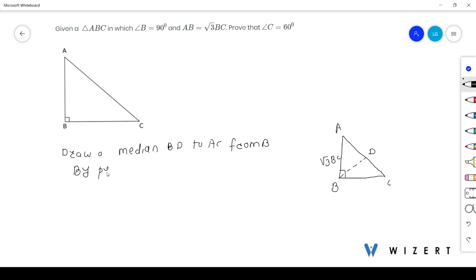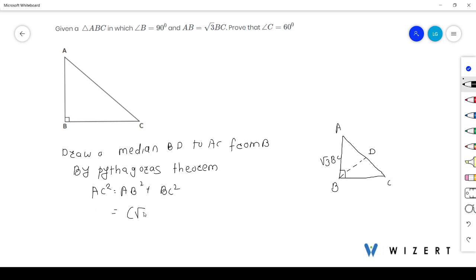Now, by Pythagoras theorem, as angle B equals 90 degrees, AC square equals AB square plus BC square.